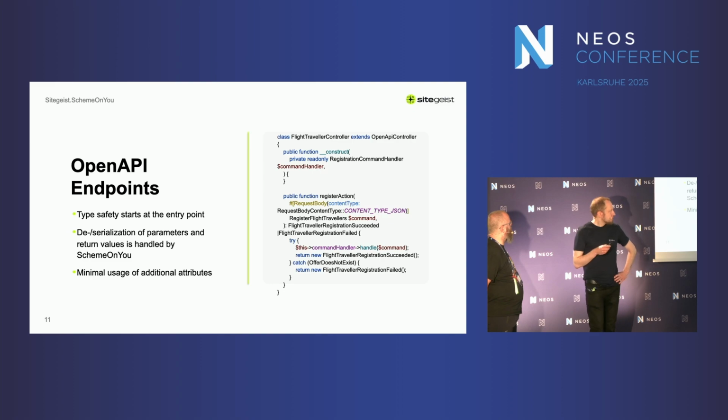So where do we start? Here we have an example controller, like an endpoint that we implemented, a base controller for the OpenAPI controller. We have an action that is called.